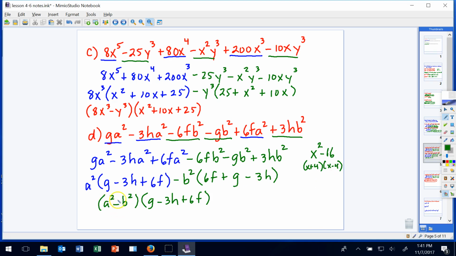Well, in much the same way, these two perfect squares subtracted would factor as a plus b times a minus b. And this trinomial does not factor anymore. It becomes one of my factor answers. All right, there's your final answer for example letter D.